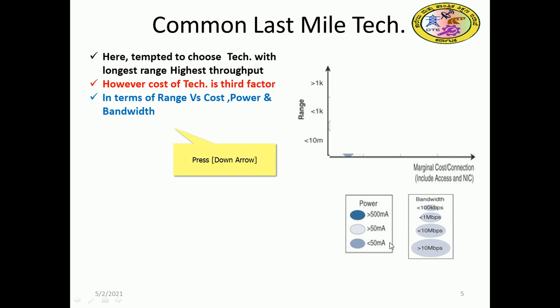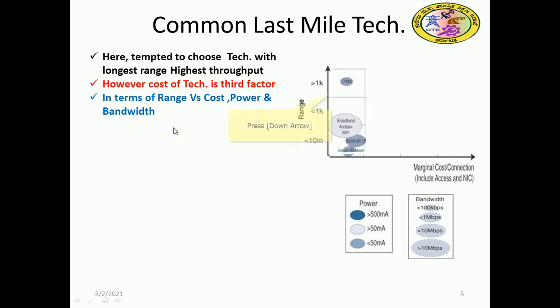So in terms of the range versus the cost, power consumption and bandwidth, all the parameters are going to be considered here to select the common last mile technology for the communication. So here at the beginning you can see there is radio frequency, indoor radio frequency.